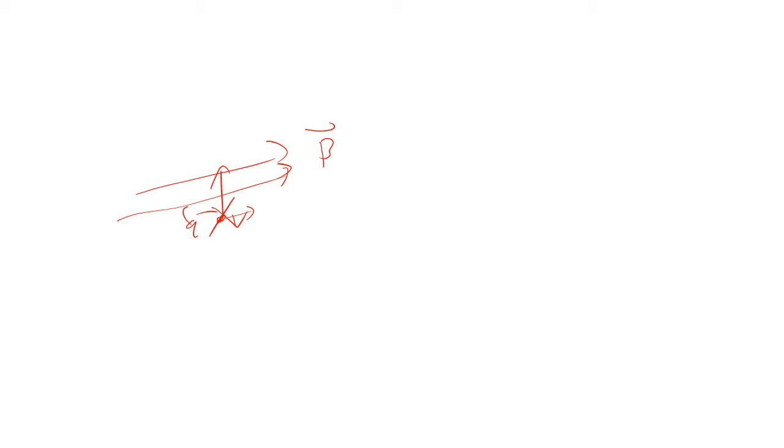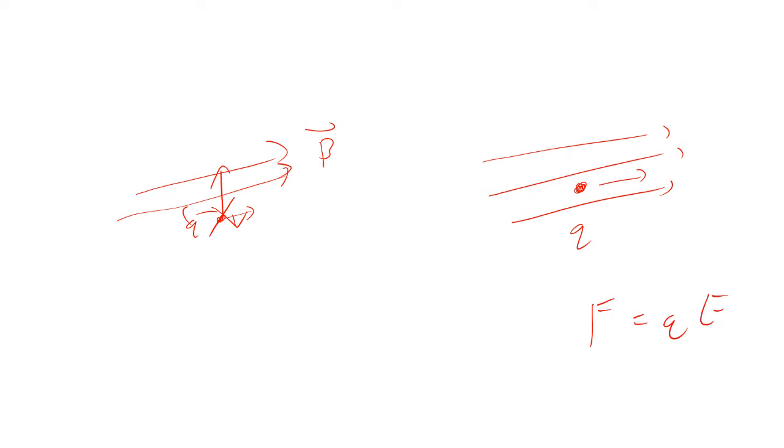Now, this gives rise to a question. We know that if we have a charge and an electric field, there's a force acting on it, and the force is equal to Q times E. So we wonder, would the force be proportionate to the moving charge?